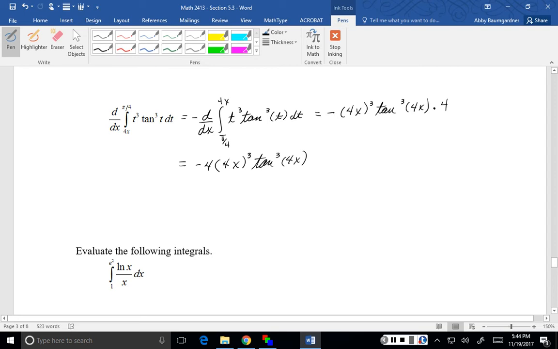Let's see, 4 cubed is 64 times 4 is 256. So you have a negative 256 x cubed tangent cubed of 4x. All right.